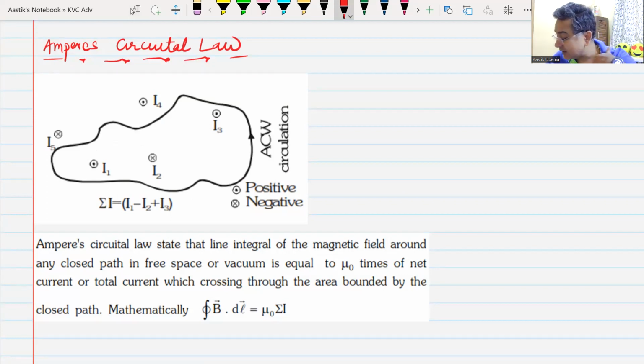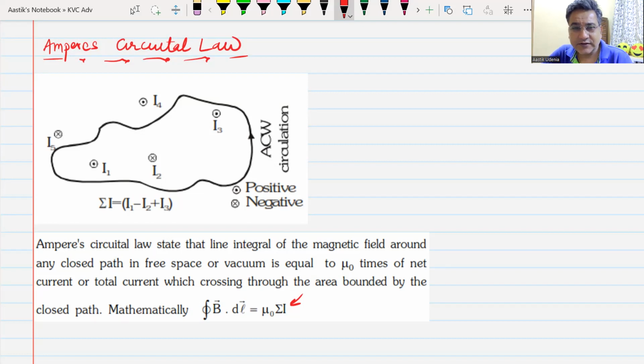Now, this I only includes the current which is coming inside the loop, but this magnetic field is the net magnetic field due to all the currents present everywhere in this universe. Does this remind you of something that we have already done? This is somewhat similar to Gauss' law of electrostatics.